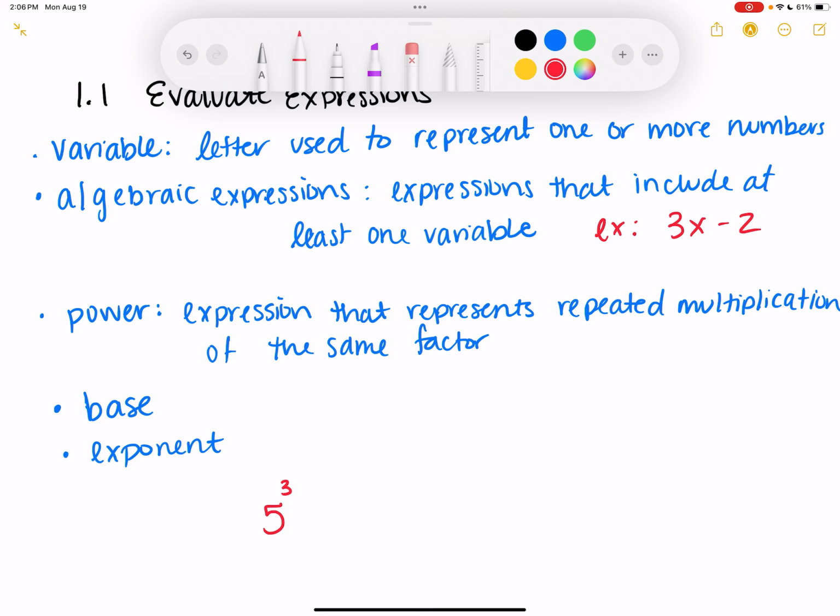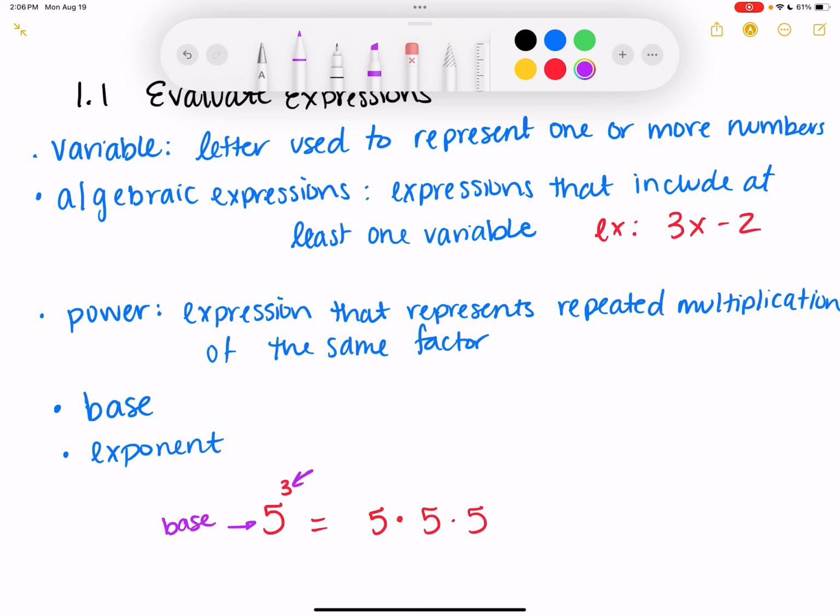So if I have something like 5 to the third, then that is the same thing as saying 5 times 5 times 5. Okay, so the base is the number that's being raised to the power, or to the exponent.